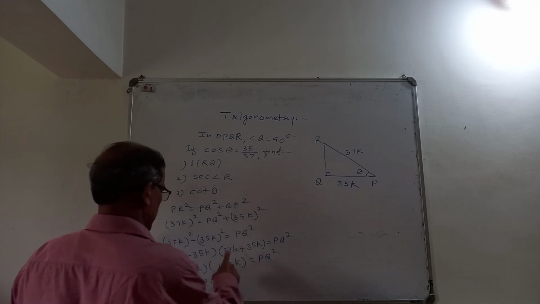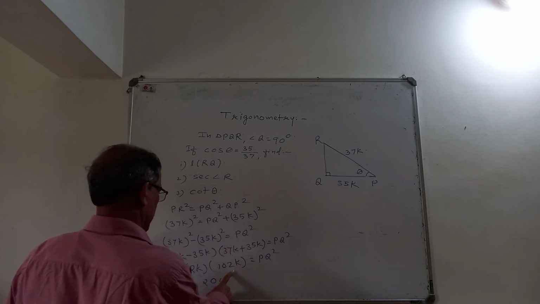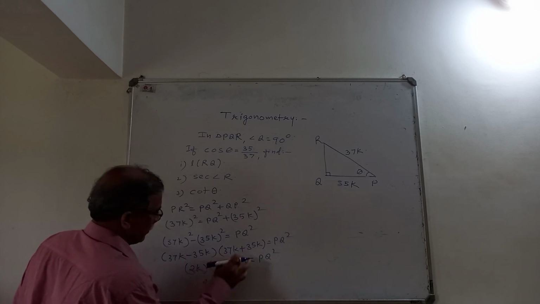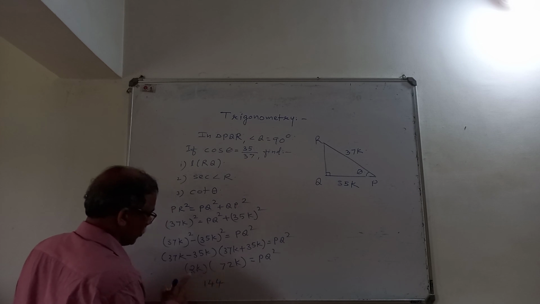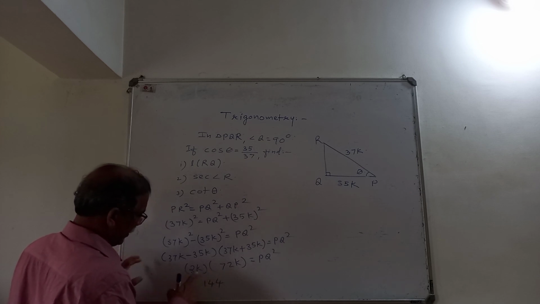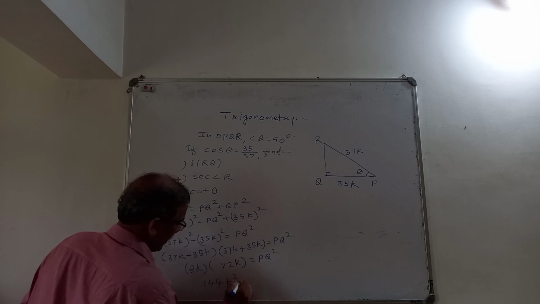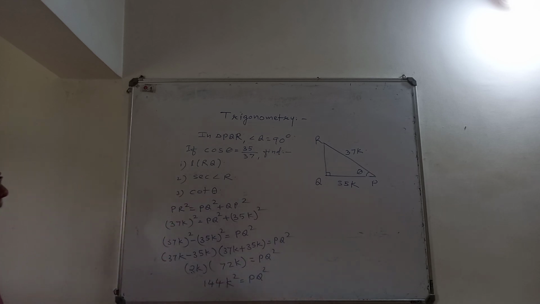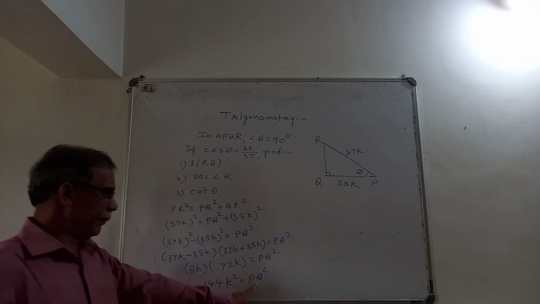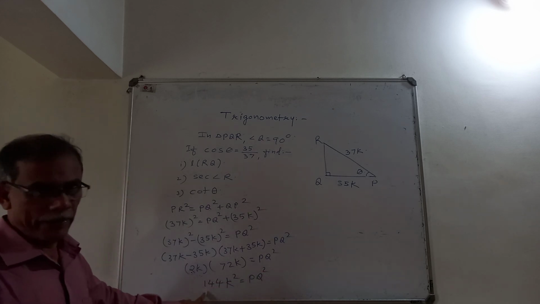Sorry, I have made a mistake here. 7 and 5 is 12, 3 and 3 is 6, and 1 is 7, so it is 72K. Now 72 into 2 is 144, K into K, so 144K square is equal to PQ square. We want to find PQ, so apply the square root.